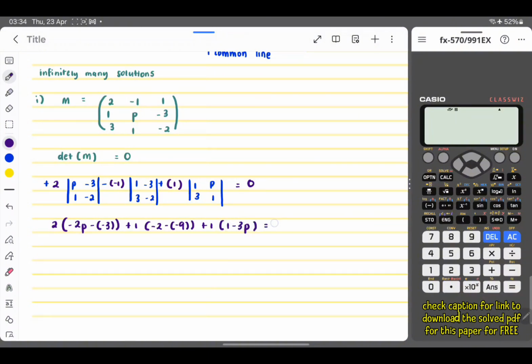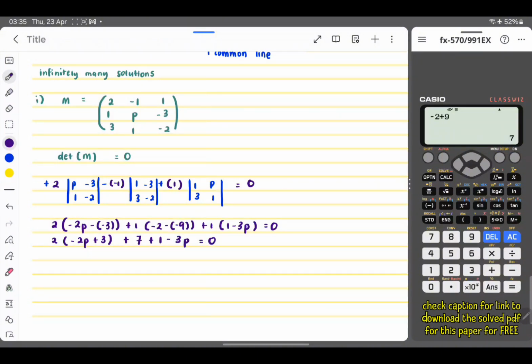So this is equal to 0. So what we have here is 2, negative 2P plus 3. And here it will just be negative 2 plus 9, which is 7. Plus 1 minus 3P equal to 0.